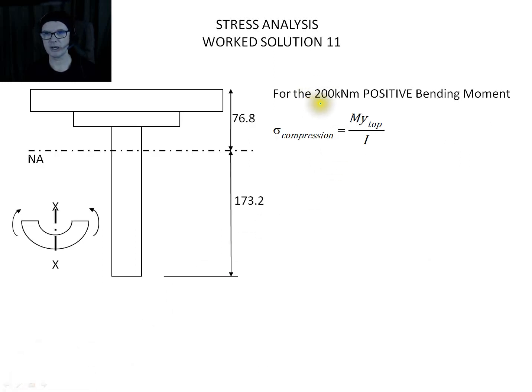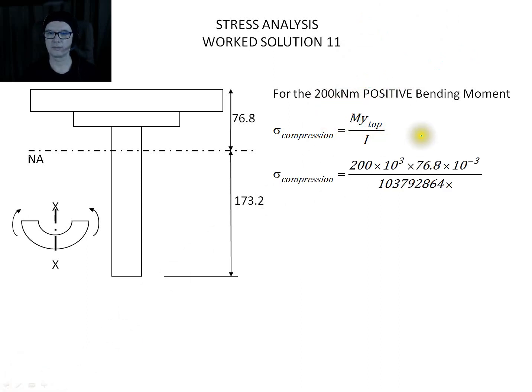So let's imagine the case we've read off from our bending moment diagram that we've got a 200 kilonewton meter positive bending moment value. So on my bending moment diagram, I've read off this 200 value. So that's then going to give me my M value. The I value is what I've found before.